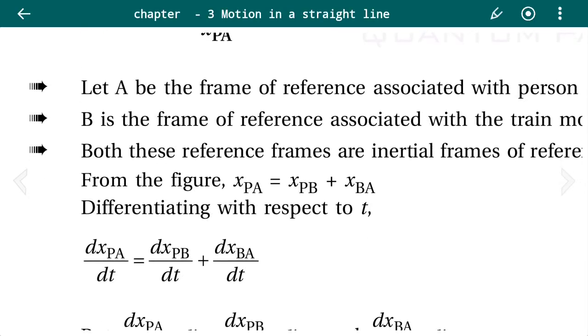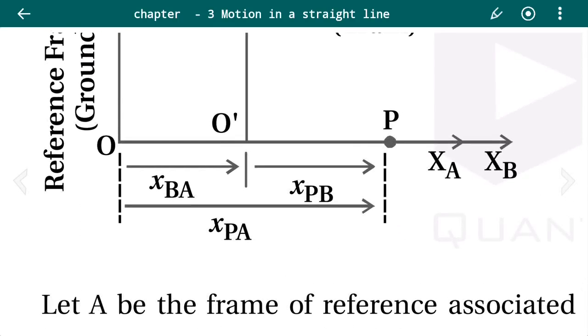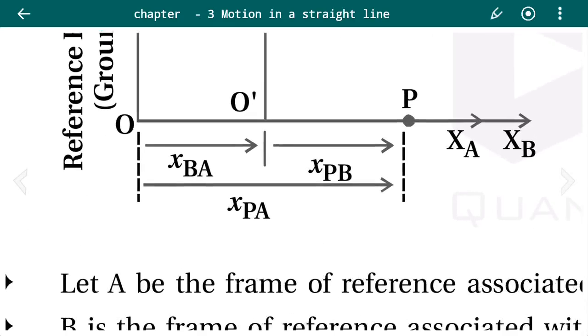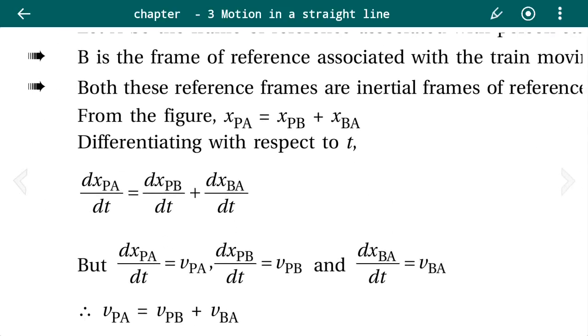Now from the figure, XPA equals XPB plus XBA. You can see over here, if you add up this XBA plus XPB, that becomes XPA. So from this figure we got the equation XPA equals XPB plus XBA.